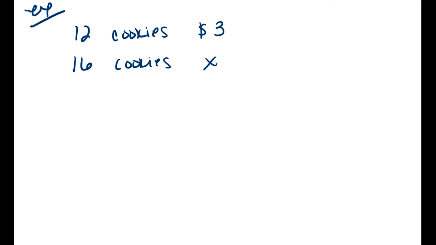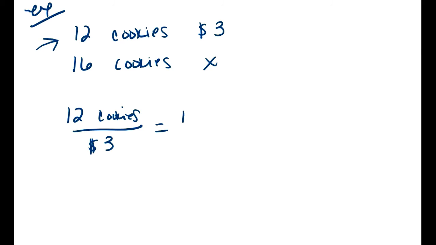All right, so let's set up the proportion. The proportion is always going to come from the two pieces that you know for sure. And that is there are 12 cookies for $3. Now, which one you put on top and which one you put on bottom does not matter as long as when you set up your second proportion that the right units go on the right side.